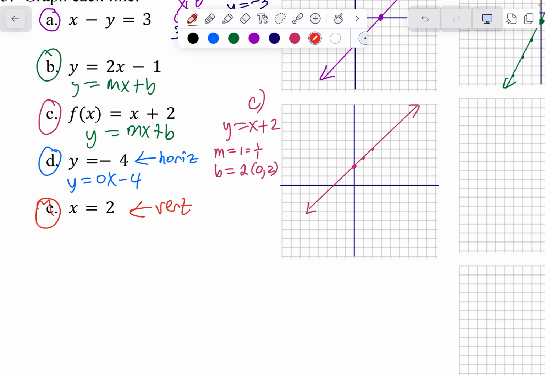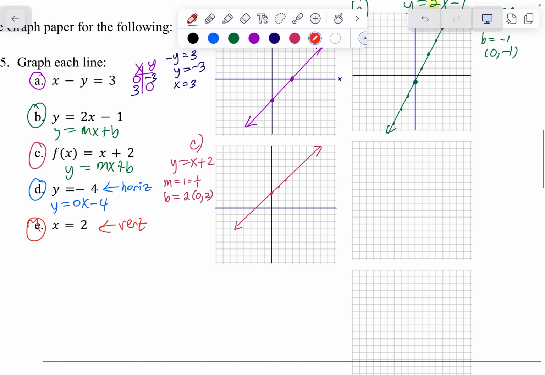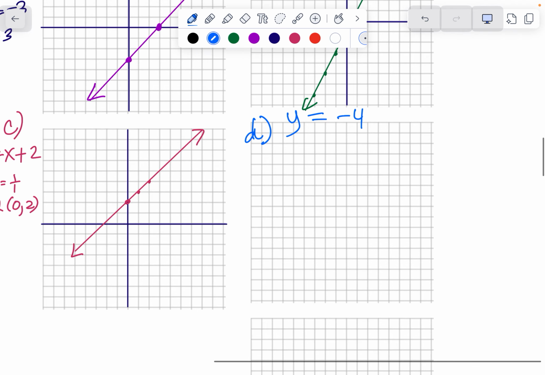Okay, let's go to D. Let's draw that on our paper. So it's y equals -4. Okay, so make your XY grid. And what sometimes I'll do, you can think about it as your y-intercept. I go down to -4, I put a dot.